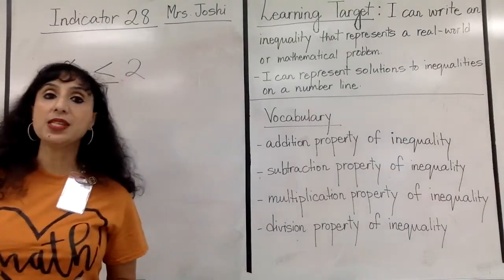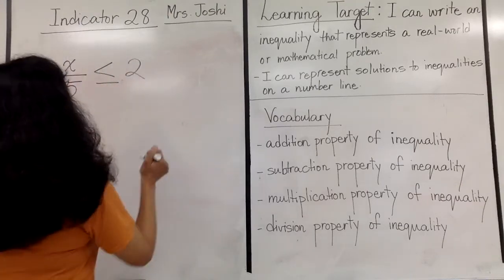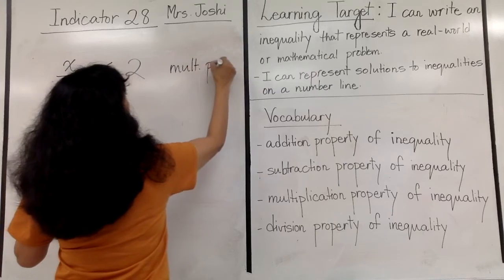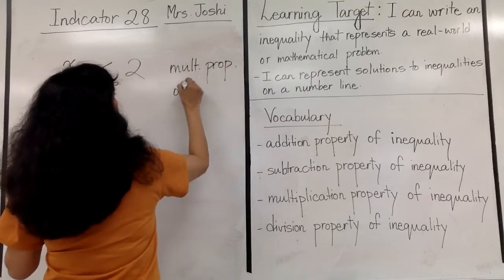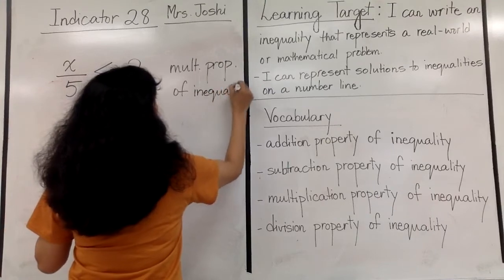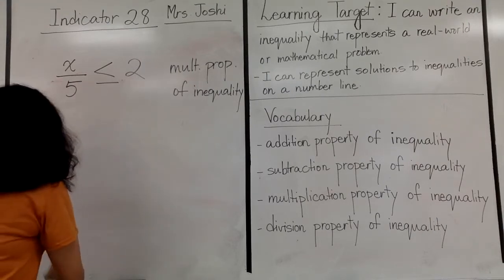Okay, so the opposite of division is going to be multiplication. So we are going to have to use the multiplication property of inequality when we are solving this one, because the opposite of division is multiplication.